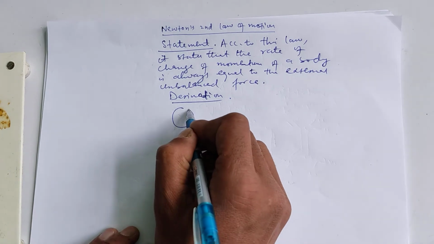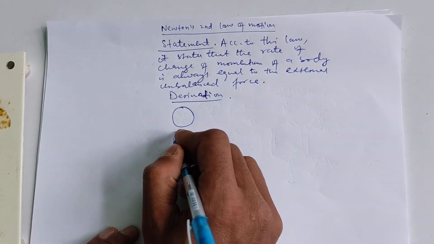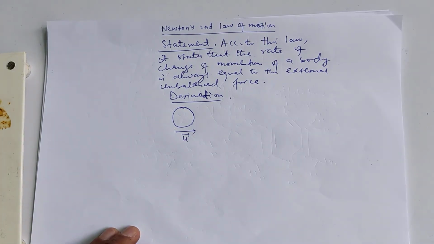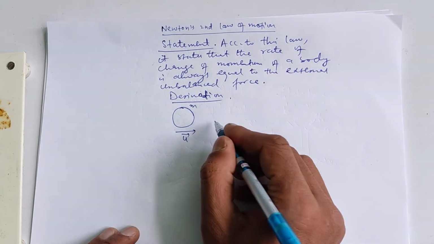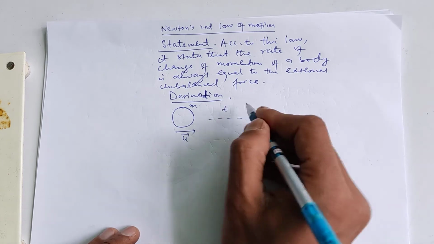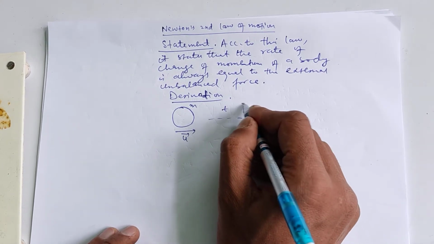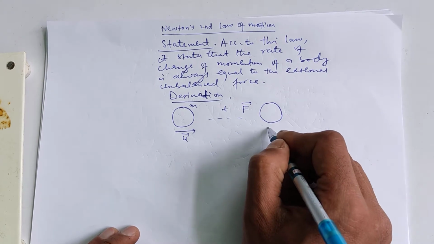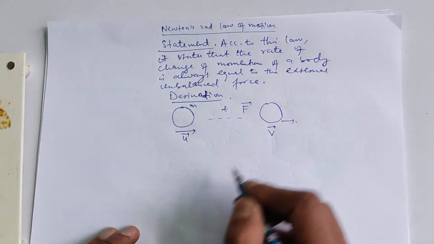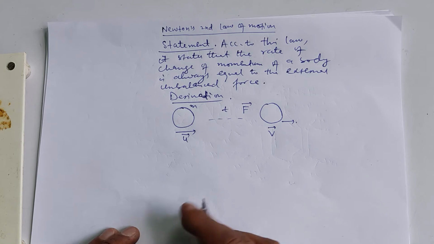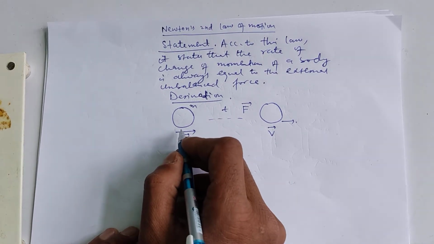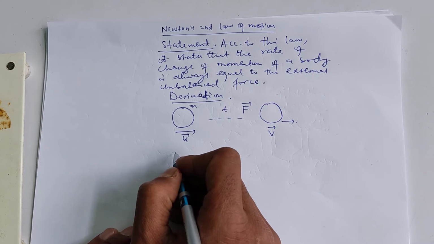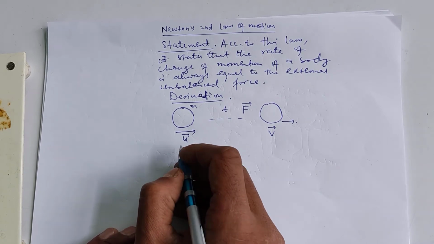Consider an object. Let us suppose this object is moving with some velocity, let it be u, having mass m. After time t, it is acted upon by an external force, so its velocity gets changed. It will move now with velocity v. When it was moving with initial velocity u, it possesses momentum, because we know when a body is in motion, it has momentum.